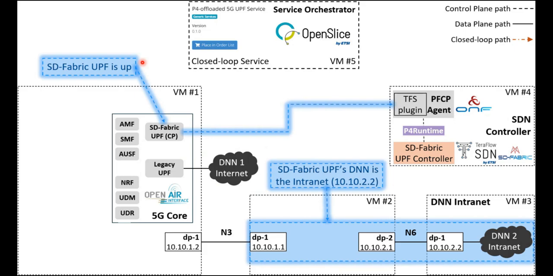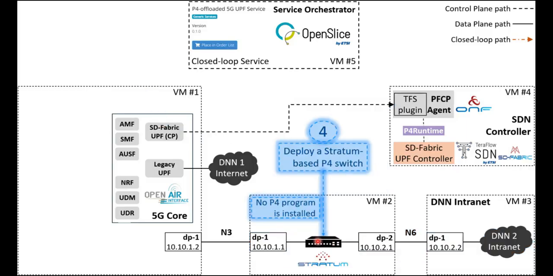At the same time, we also deploy the SD-Fabric UPF, which is a control plane component add-on in the 5G core, which is connected with this environment here, which has the PFCP agent and the plugin towards TFS. And at the bottom side, we showcase the environment where the P4 UPF is going to be hosted. So this is the target environment for the P4 UPF.